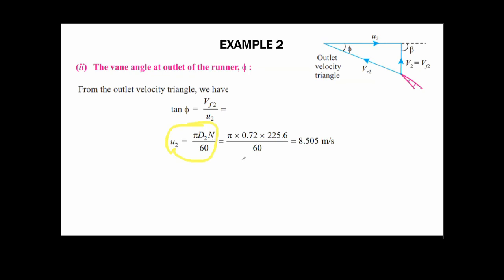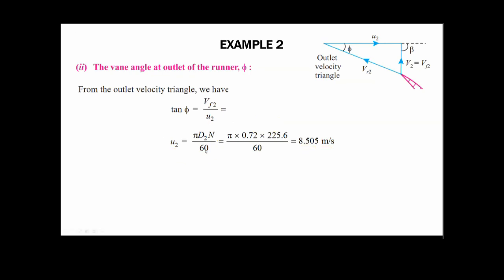So we can get U2 by plugging these values into this equation, and we get U2 equal to 8.505 meter per second.